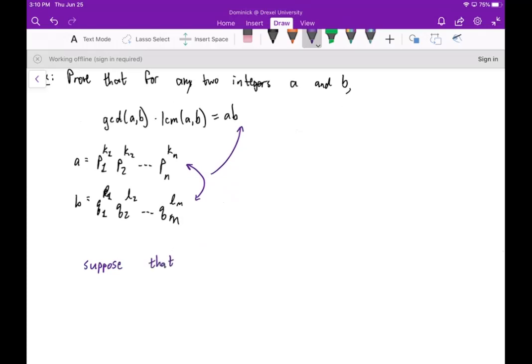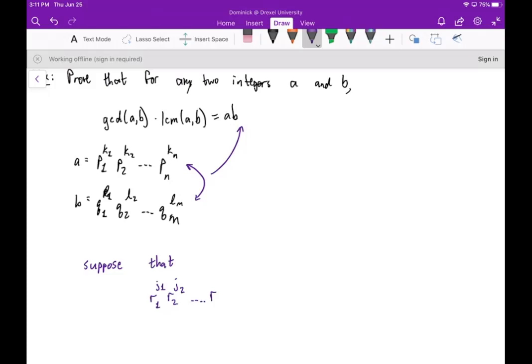But now let's also pick out, suppose that R1 to the J1, R2 to the J2, I'm going to run out of letters here.